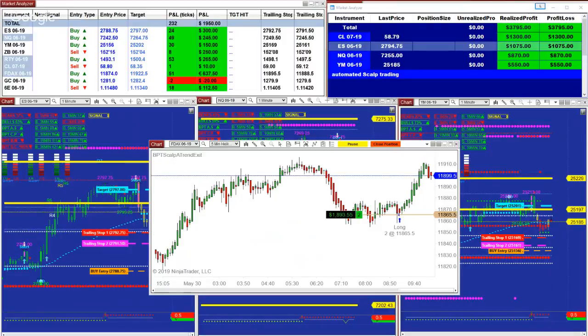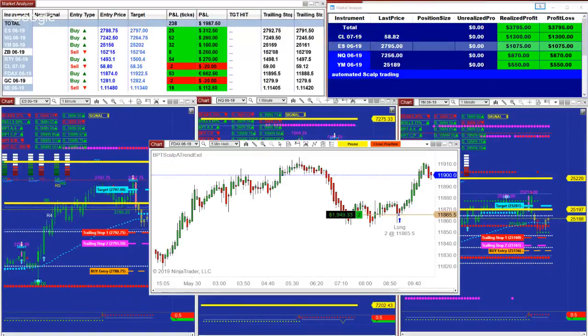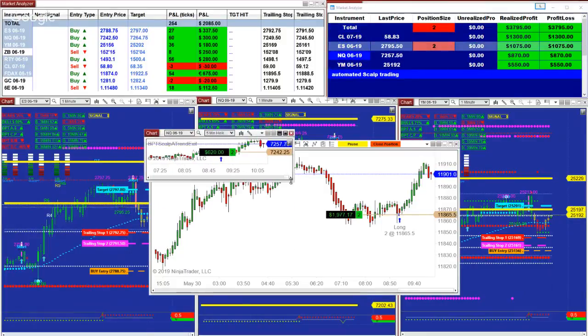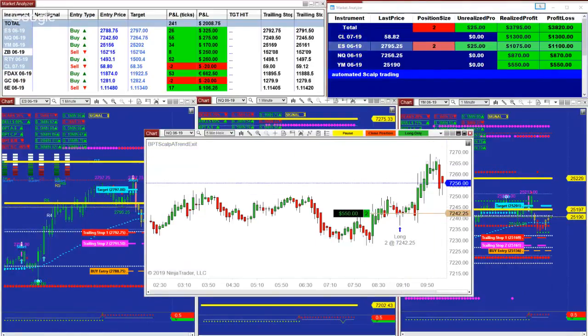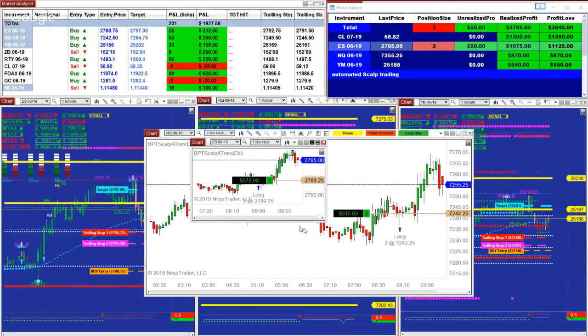This is the swing trading, and this is Nasdaq, ES.